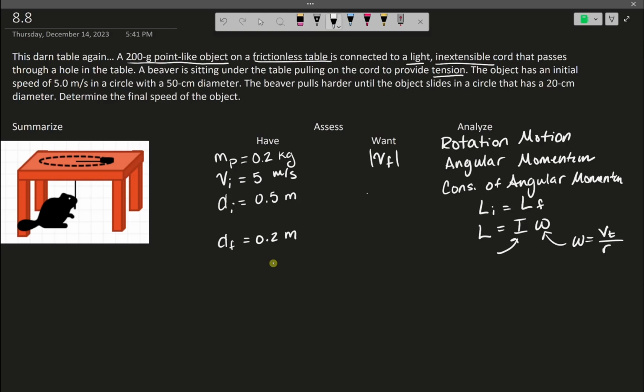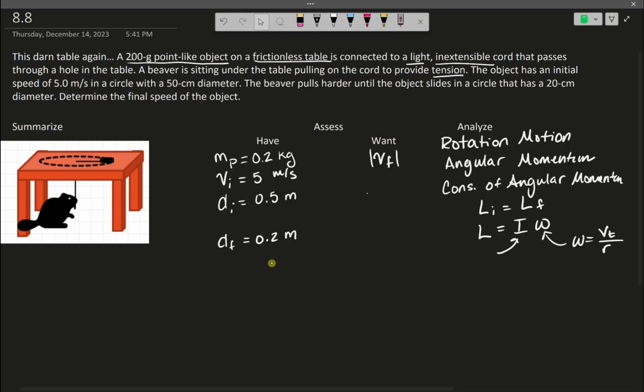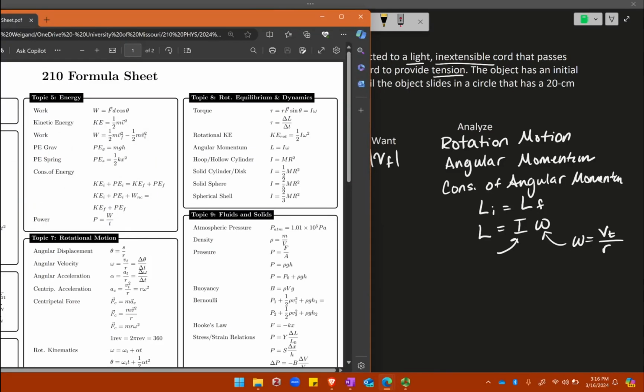The next thing I need to find is the moment of inertia for this point-like object moving in a circle. This can be a little confusing because you might think you need the moment of inertia for the point-like object. But what I actually want in this problem is the moment of inertia for this disc or hoop-like shape.